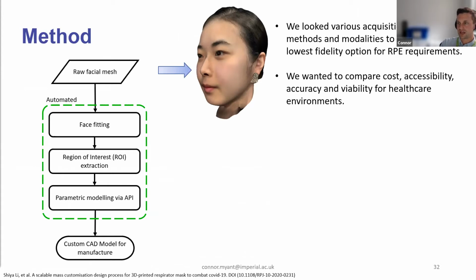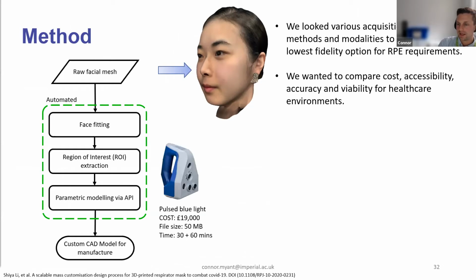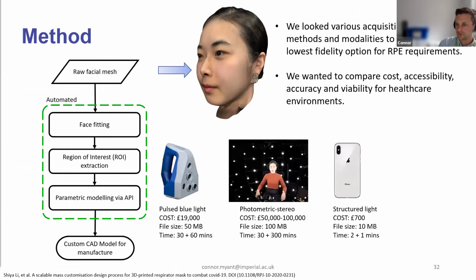We wanted to check different modalities, different environments, different lights, to check on accessibility and viability within a healthcare setting, or is this viable to the public? Is this viable to only hospitals, or can we roll this out to construction sites and so forth? So we were looking at a number of different metrics, as in cost and accuracy and viability. And we had 4 different processes we looked at.